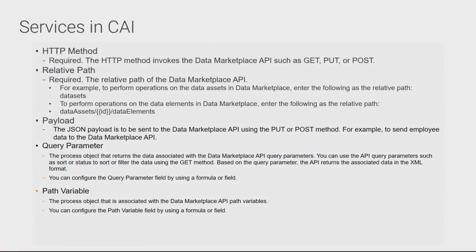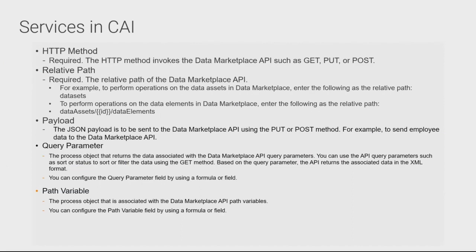In HTTP method, you would be defining the method as a get, put, or post, and for relative path we will be providing the path of the endpoint that is already documented in the document, and in the request and endpoint section you will see different endpoints or paths for various APIs.